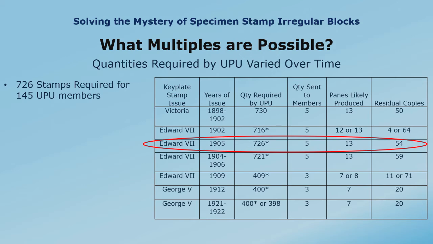And then an additional 5 stamps plus 1, an additional 6 stamps for that extra, the 145th member. 144 came out exactly out of 12 sheets, and so the printer needed to send 6 stamps to the UPU from a broken sheet.